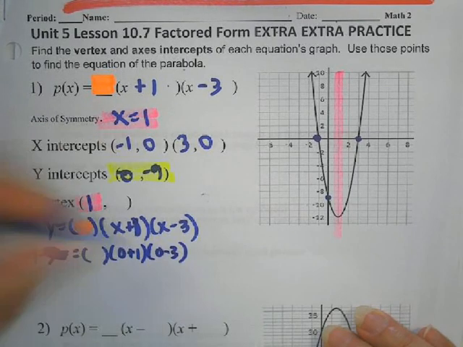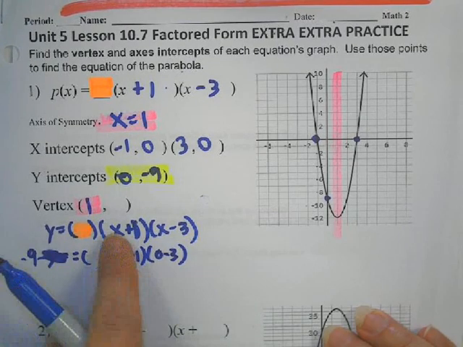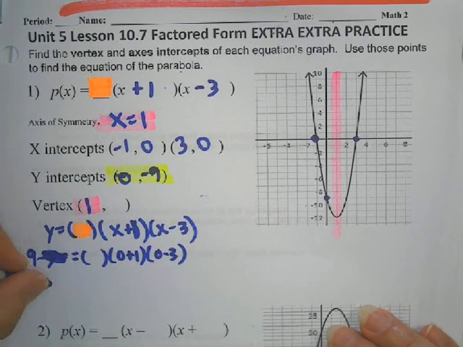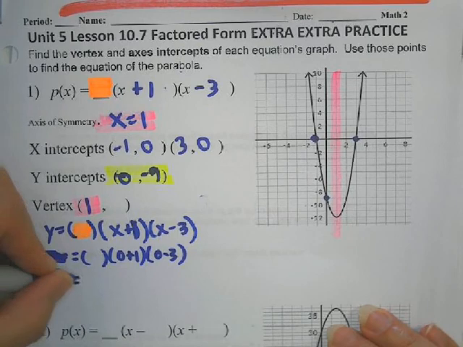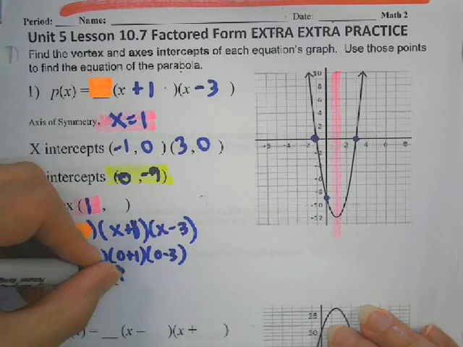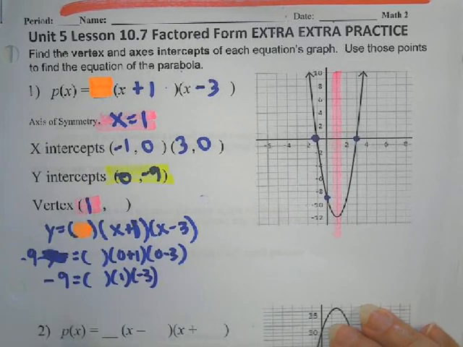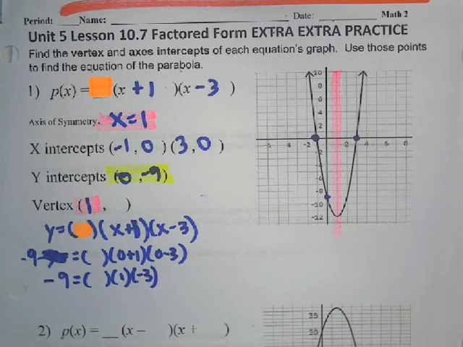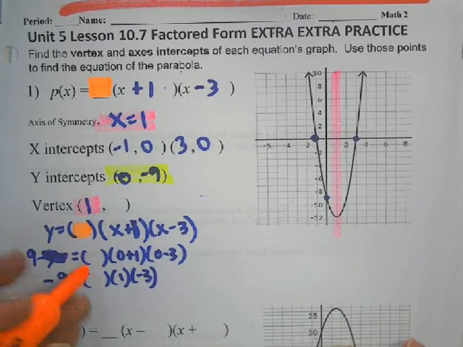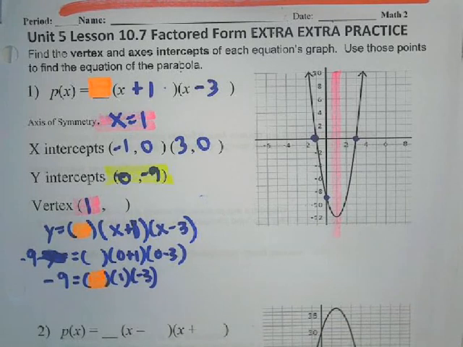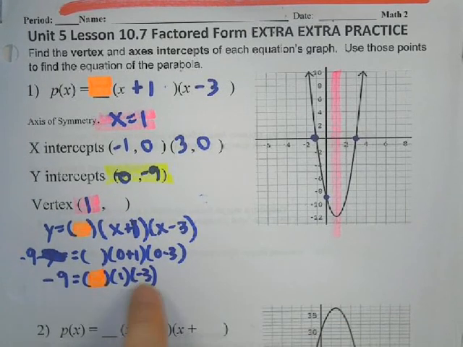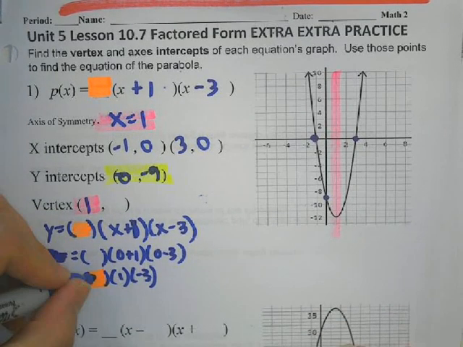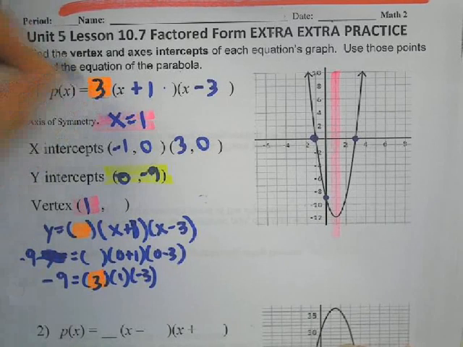I replaced y with -9 and x with 0. So -9 equals something times 1 times -3. So this value here is going to have to be 3, because 3 times -3 gives me -9. Now I know that value.